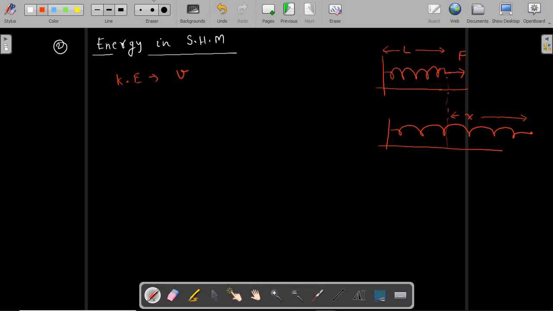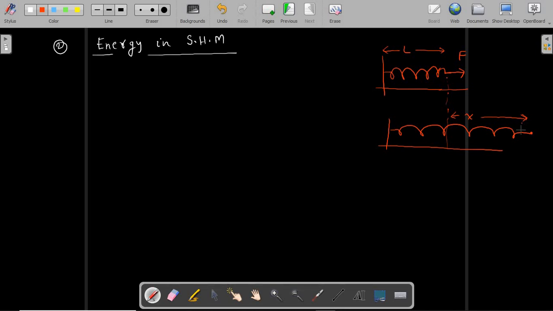When you start pulling the spring, it was moving with a speed v in this direction, so it had kinetic energy. But at the extreme point, when the velocity becomes zero, you cannot pull it anymore.